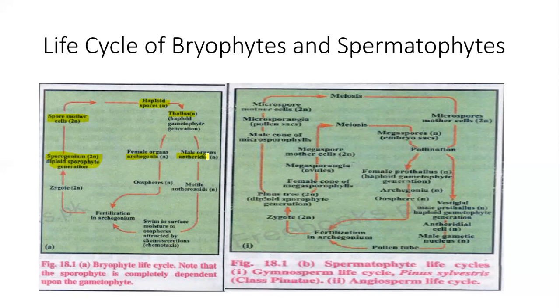Both these organs will produce male and female gametes. Female gametes are oosphere or egg. Male gametes are anthrozoids. Anthrozoids are motile. They can swim in water, and they will reach the oosphere or egg where fertilization occurs, and as a result of the fertilization, a diploid zygote will be formed.